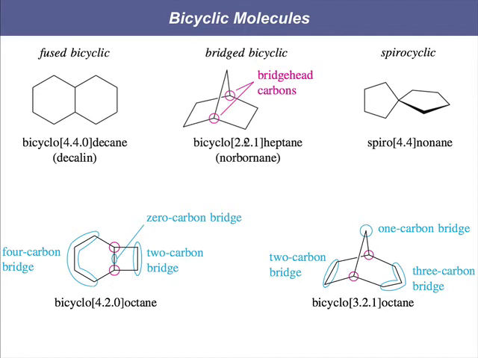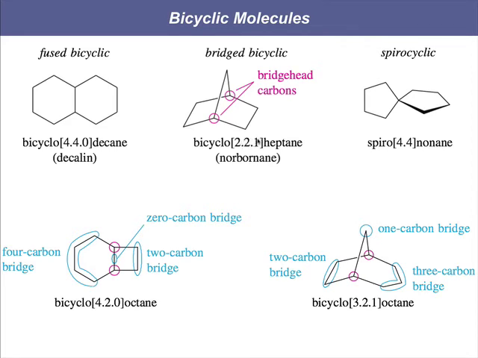So these numbers are always going to equal 2 less than the total number of carbons present. And then we prefix it with bicyclo. Now, generally speaking, the numbers are arranged from highest to lowest, and that usually just allows us to draw the molecule in the easiest way possible.